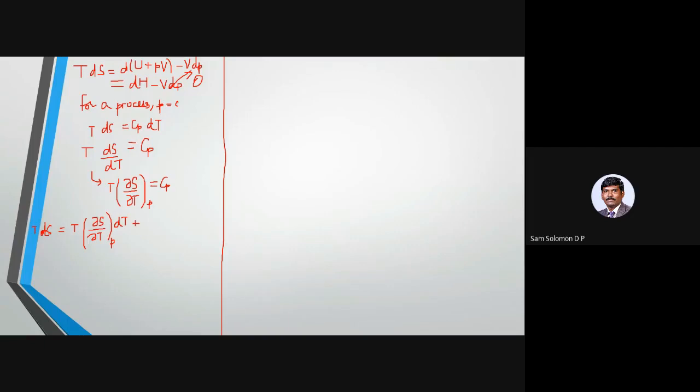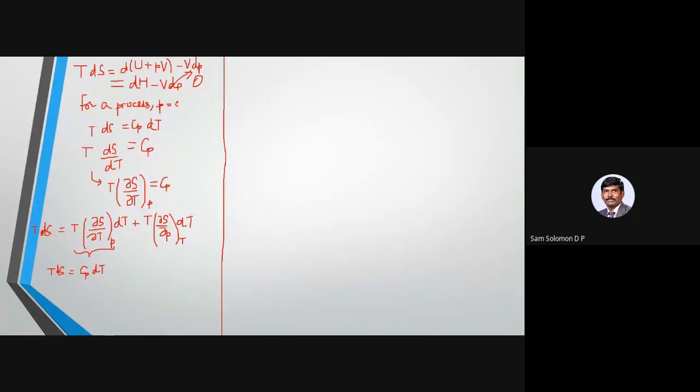And the second term was T times partial S partial P at constant T into dP. Now I'm going to replace the first term with Cp. So what we have is TdS is equal to Cp times dT, and now we have to replace this partial S partial P at constant T.